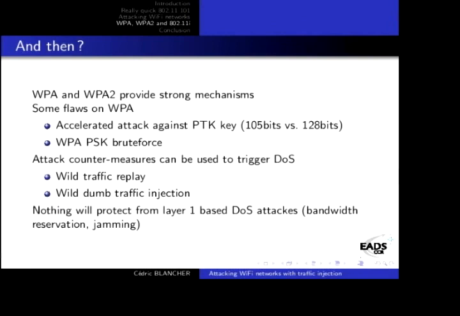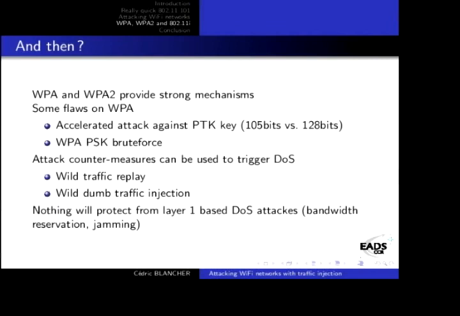That's okay. And then you have attacks on countermeasures. As I told you before, you have mechanisms to try to spot replays and traffic injection. Basically, when a replay or traffic injection attack is detected, the association is broken.